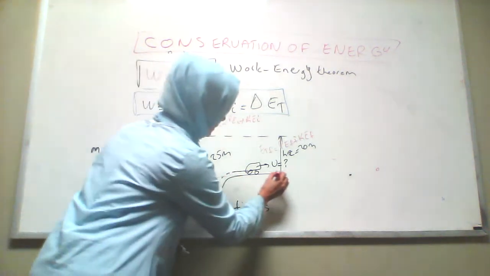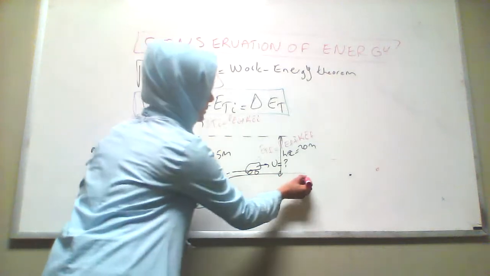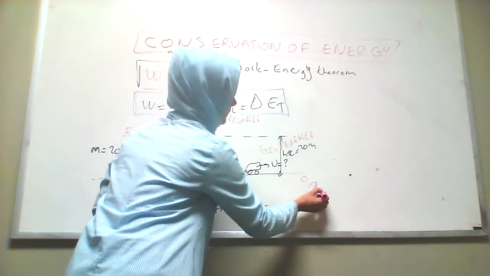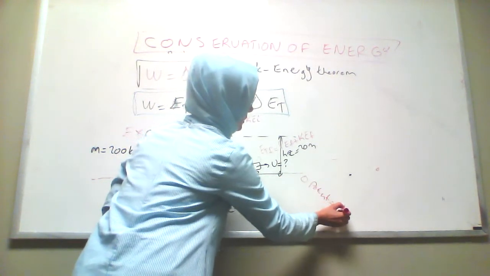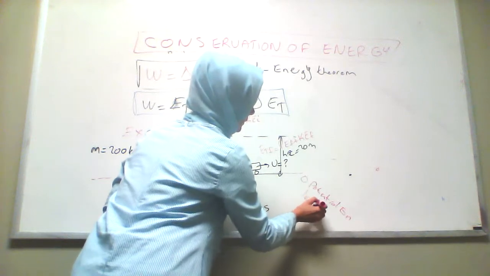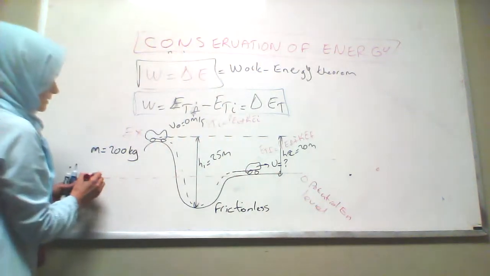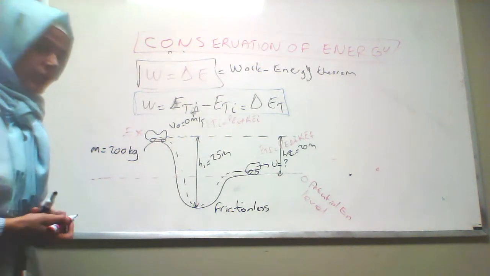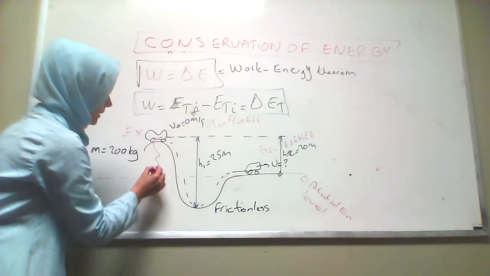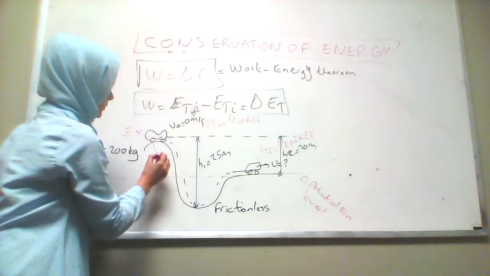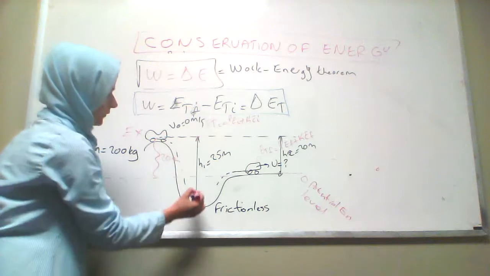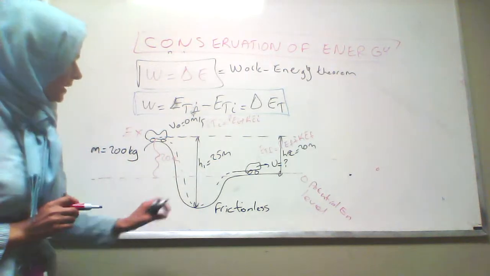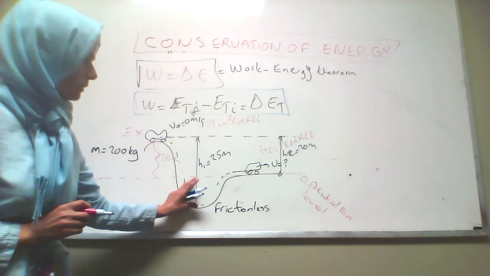And I'm going to choose this as my 0 potential energy level, and I'm going to deal with this level as I am solving for the potential energies. Then the height here will be equal to this height, 20 meters. And the 25 meters I don't even have to take into account. So this is 5 meters, I can ignore that part.